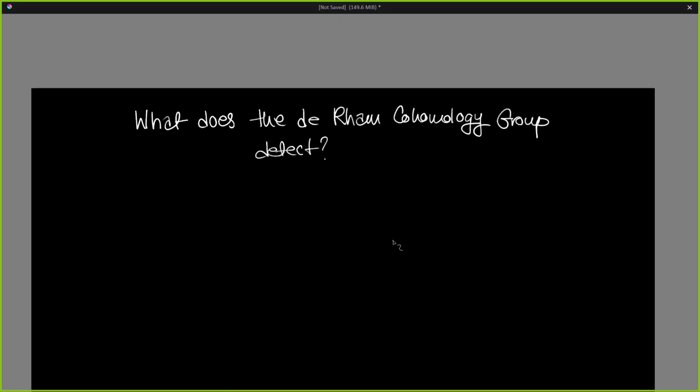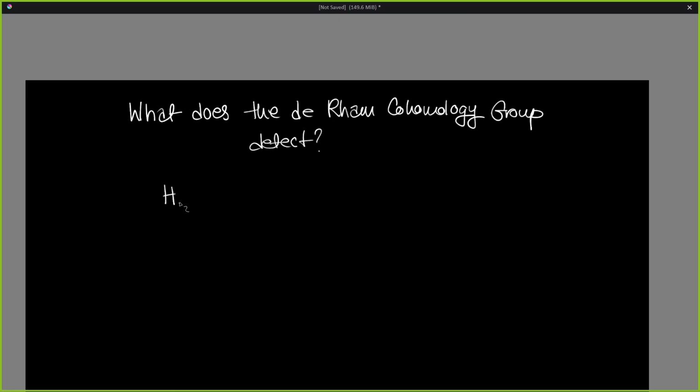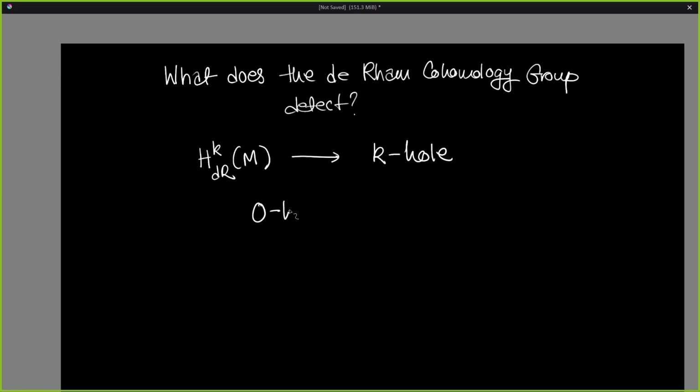Well, it detects topological obstructions, but it seems like it detects holes. So, for example, the group H^k_dR(M), the kth de Rham cohomology group, detects something called a k-hole, or a k-dimensional hole. So what are different dimensional holes? Well, a zero hole is the number of connected components in a topological sense.